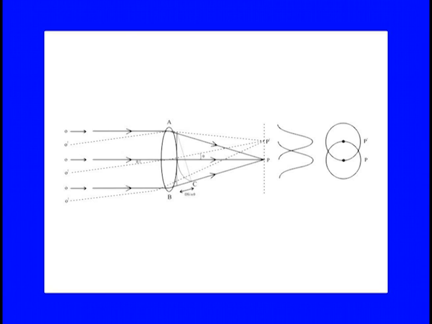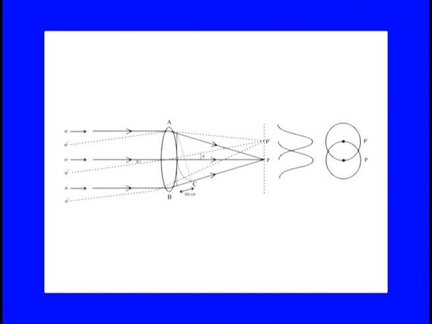Now, with P prime as center and radius P prime A, we draw an arc cutting P prime B at the point C as shown in the figure. This arc AC therefore represents the transmitted wave front, which gives rise to the central maximum at P prime in the diffraction pattern of O prime.